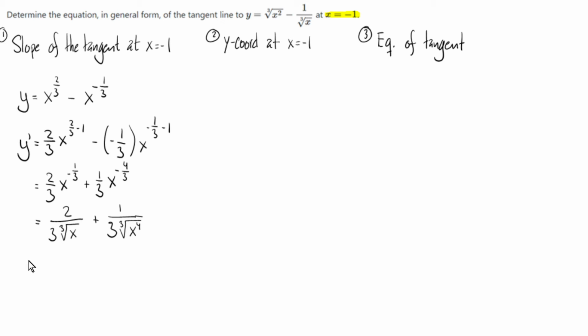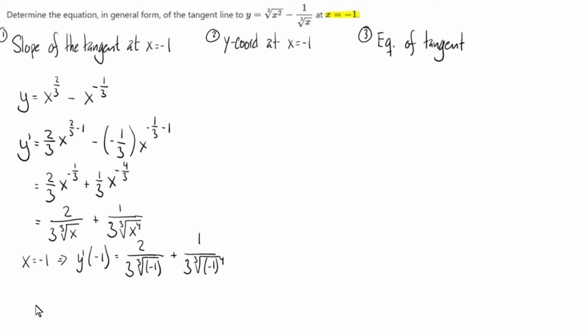Now we're going to set x equal to negative 1. So that means that we're going to get y prime of negative 1 equals 2/3 times the cube root of negative 1 plus 1/3 times the cube root of negative 1 to the power of 4.